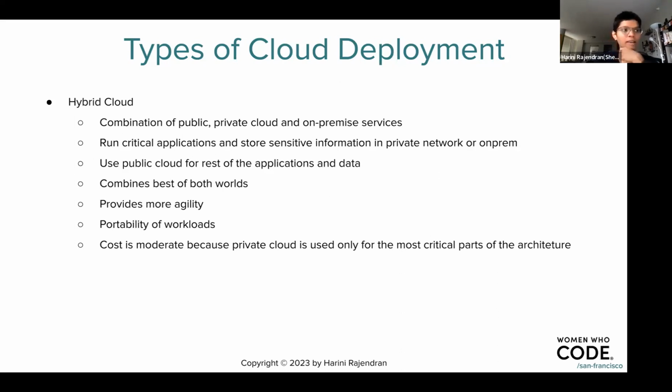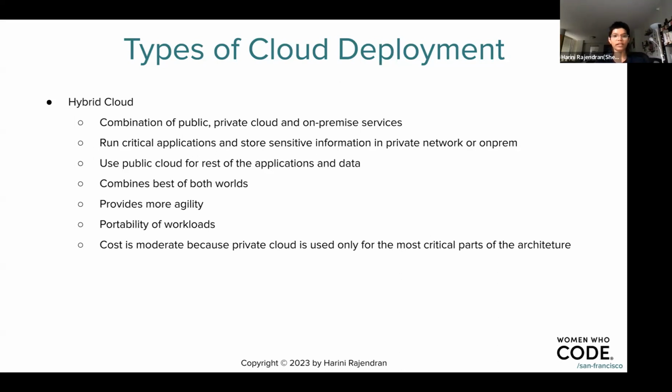Another way that I've seen companies use private cloud is for disaster recovery. Let's say I run an on-prem software or an on-prem solution, but for some reason, if my data center goes down, I need a backup somewhere, right? So I've seen companies use private cloud as another replica, so that it's a disaster recovery solution.